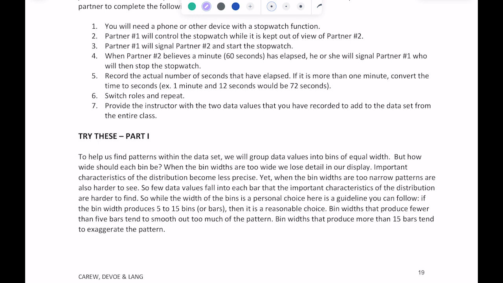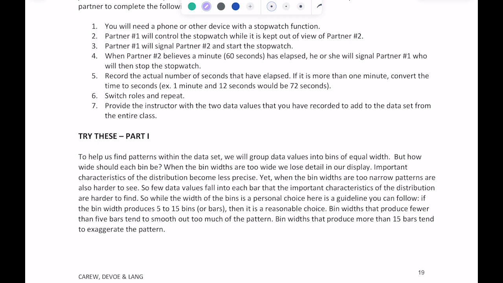If the bin widths are too wide, you end up with skyscrapers because eventually you'll end up dumping a ton of data values into that bin.